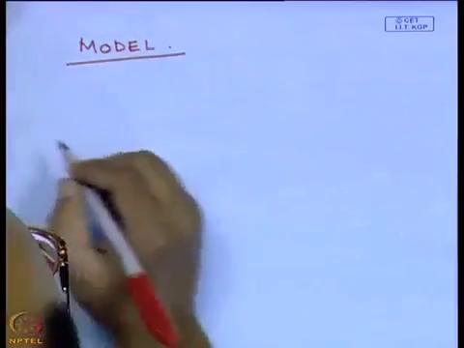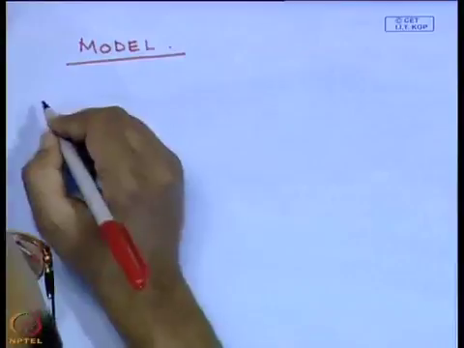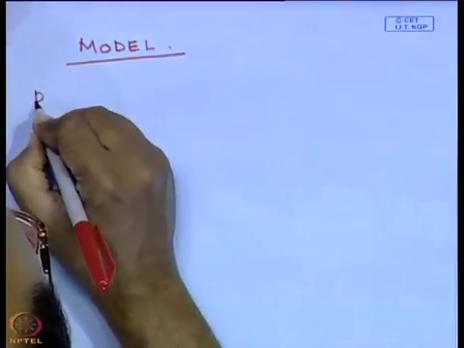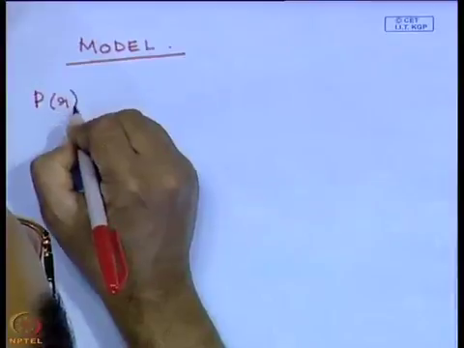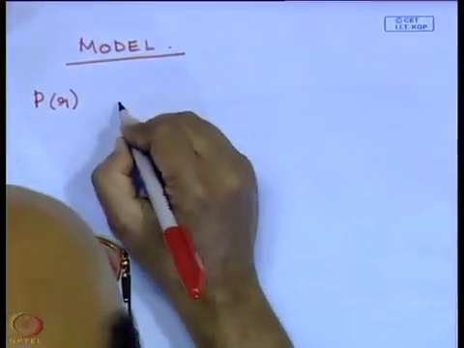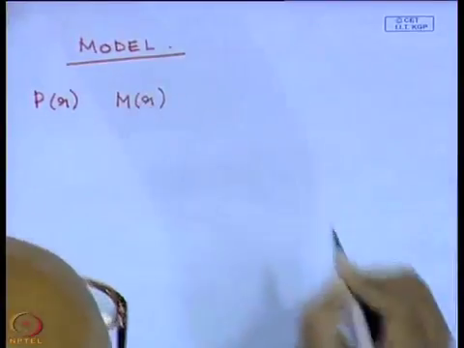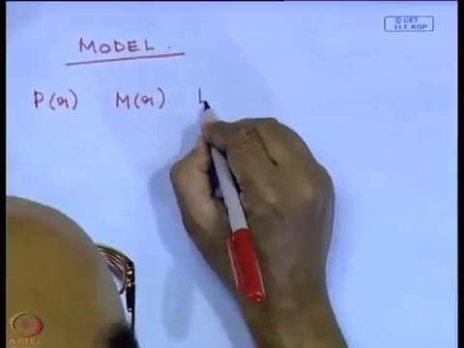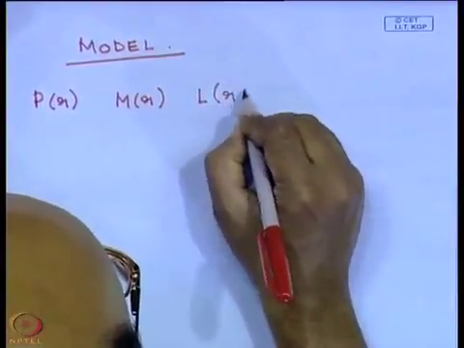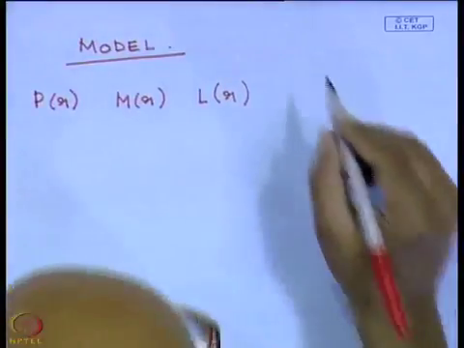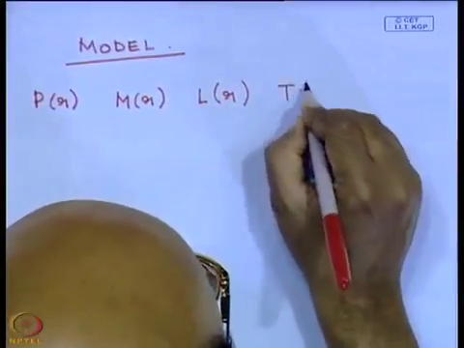So, we have already studied the 4 basic equations that govern the structure of a star. We had one equation for the pressure as a function of r, the second equation for the mass as a function of r, the third equation for the luminosity as a function of r, and the fourth equation for the temperature as a function of r.